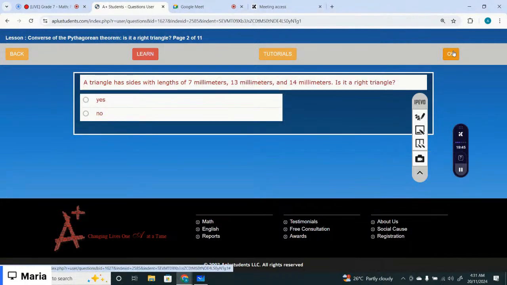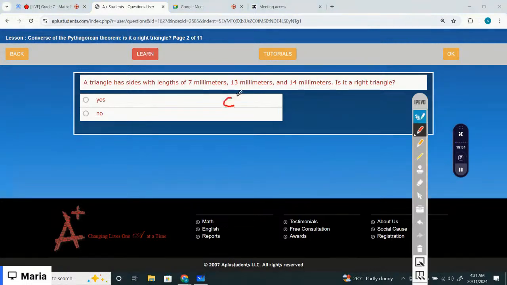A triangle has the side lengths with 7, 13, and 14 millimeters. Is it a right angle triangle? C square equals a square plus b square. So that is 14 square, and 13 square plus 7 square. 14 square is 196. 13 square is 169 and 7 square is 49.